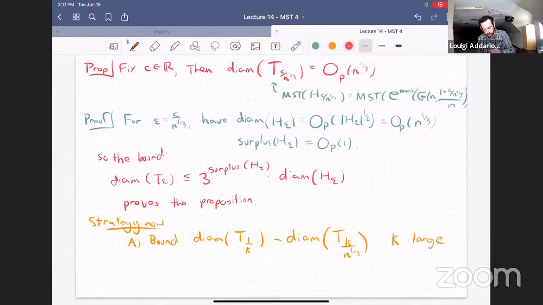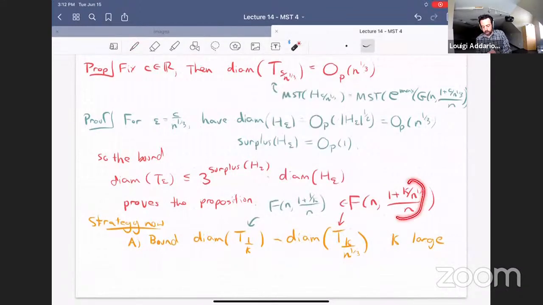So this is the tree in the forest corresponding to F n, and then p is 1 plus k on n to the third over n. And here we're all the way up at F n, 1 plus 1 over k on n. Okay, so here we're still within the critical window, though almost at the end of it.